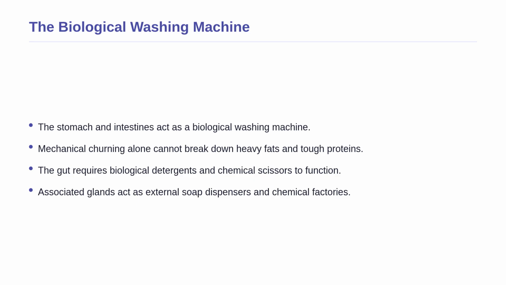The associated digestive glands are exactly these soap dispensers and chemical factories. They sit just outside the main gut tube, squirting in the necessary fluids at exactly the right time to make chemical digestion possible. Without them, the mechanical churning of the stomach would be largely ineffective against heavy fats and tough proteins.